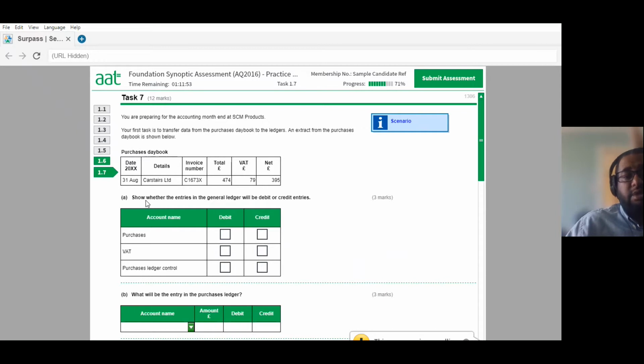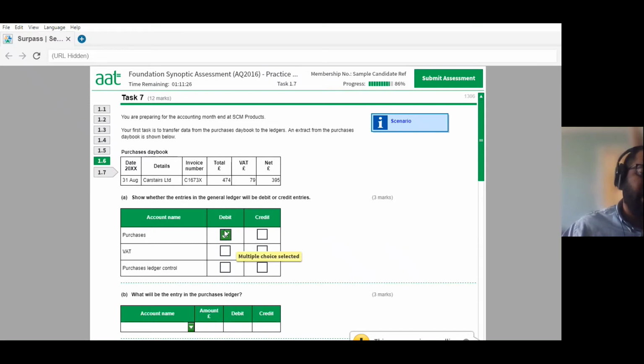Show whether the entries in the general ledger be debit or credit. So here they're asking for purchase. What is a purchase for you? Is that an asset, liability, income, or expense? For you, straight away, money is going out of the account. It's a credit side. This is going to be debit and expense. On your debit side, it's going to be on the left hand side, which is definitely a debit account.